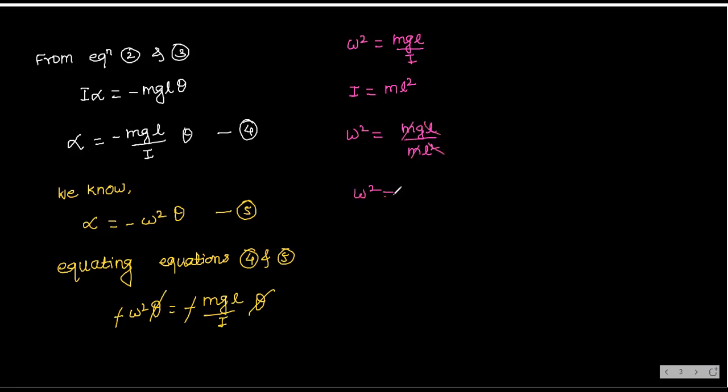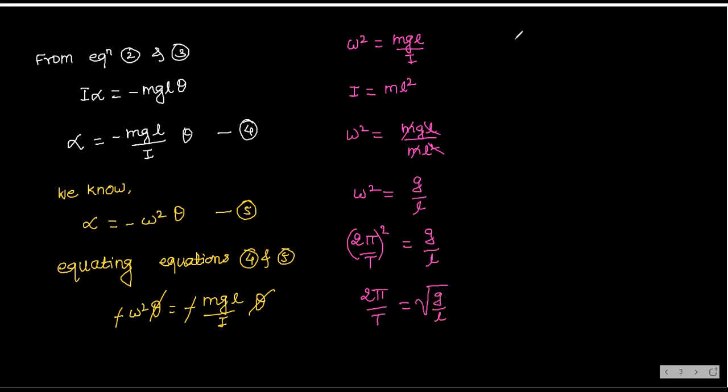So what we are getting, omega square is equal to g by l. Now omega is equal to 2 pi by T. So 2 pi by T whole square is equal to g by l. And therefore 2 pi by T, taking square root, is equal to root of g by l.